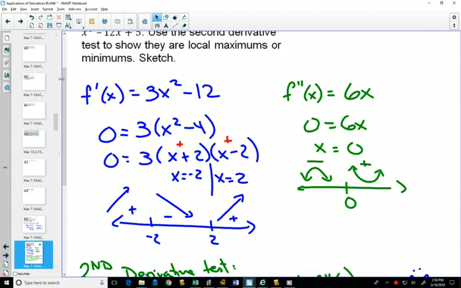Would there ever be a time where you're only given the second derivative? It may be that the type of question might be, this is the information you're given. I'm going to tell you that f prime of 3 is equal to 0, and f double prime of 3 is equal to 27.